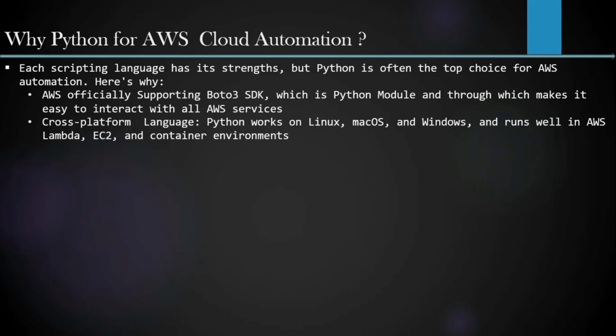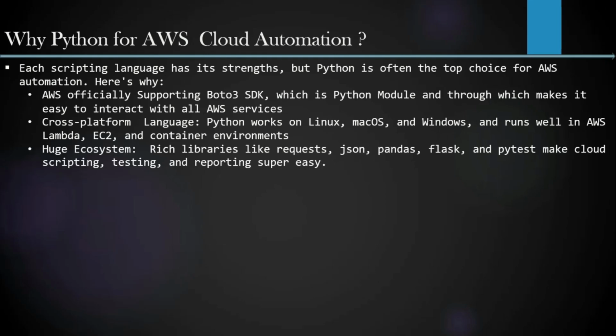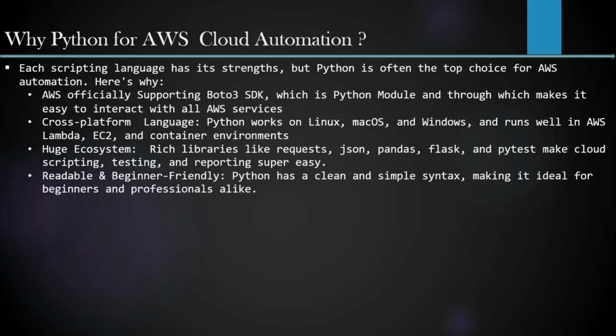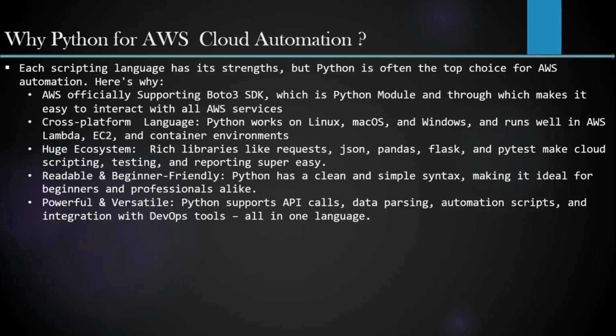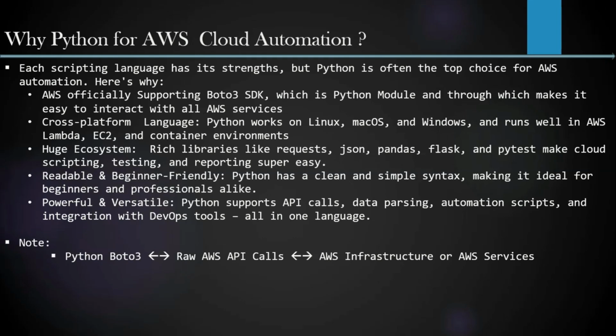And as a Python developer, you know Python is a cross-platform language with a huge ecosystem. Python is readable and a beginner-friendly language. It is powerful and versatile. So that's why we are preferring Python for AWS cloud automation. So finally, you just remember this: Python Boto3 uses raw AWS API calls internally to interact with AWS infrastructure or AWS services for automation.